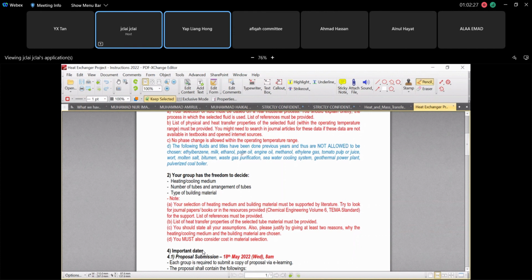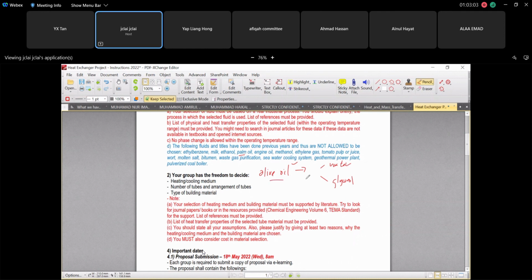Okay, let's say olive oil is the fluid you want to put down. Two groups can choose the same fluid, provided the cooling fluid you use is different. Let's say one group uses water, and another group uses glycerol. If this is the case, then okay. Or the process is different.